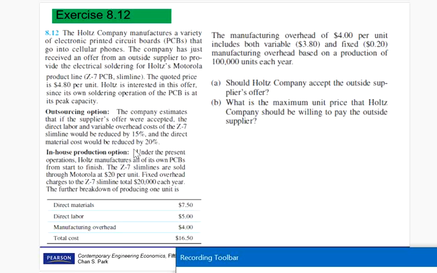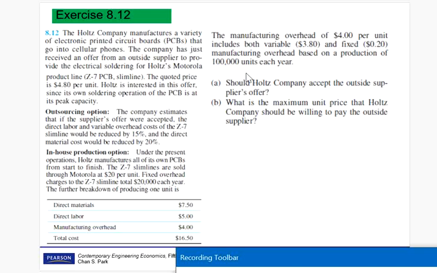It's already given here. Manufacturing overhead, we don't know yet which is variable and which is fixed. Let's see if we continue reading this question. The manufacturing overhead of 4 includes both variable and fixed, so if you divide it further, 3.80 is variable and 0.20 is fixed.